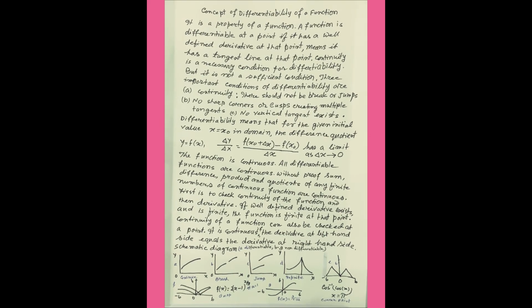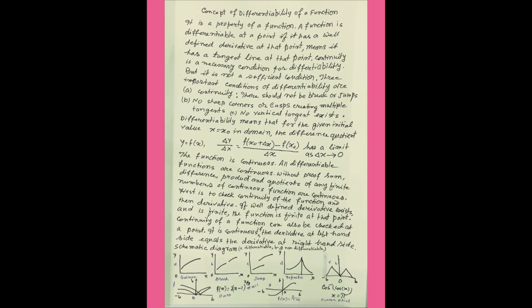A function is differentiable at a point if it has a well-defined derivative at that point. If differentiation can be done at a particular point, the function is said to be differentiable, meaning it has a tangent line at that point.